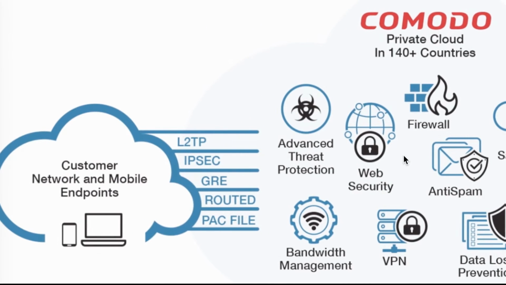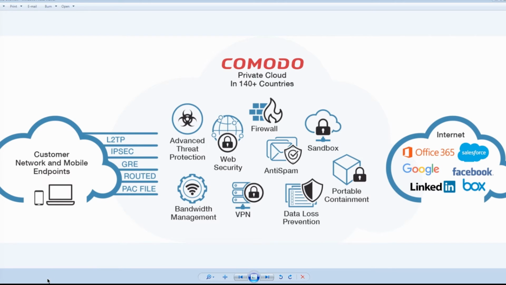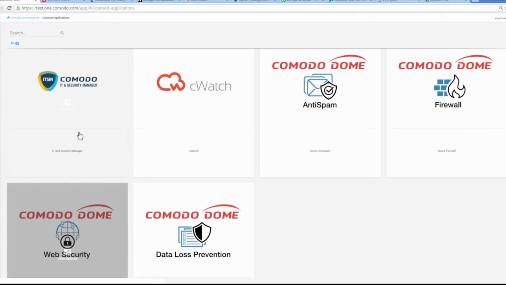Traffic can be routed into Dome via VPN tunnels, from PAC files, direct proxy settings, or even a Komodo agent itself. All of these features are visible within a single pane of glass through the Komodo One administrative login.